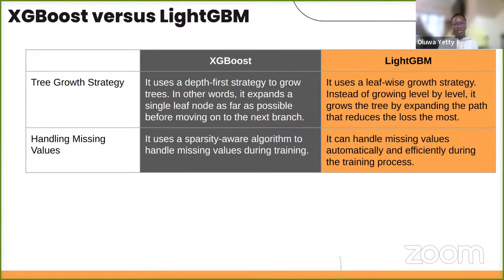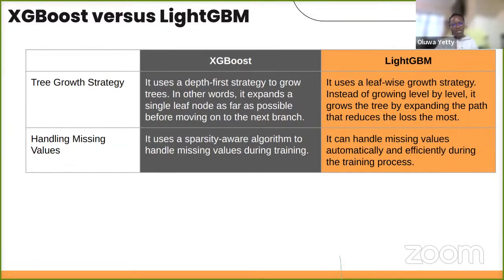So this is what a boosting algorithm does. If it's using a sparsity aware algorithm to correct the particular tree, it's going to optimize the tree structure such that if there's any data point that has missing values, it just prunes that branch away from the tree.